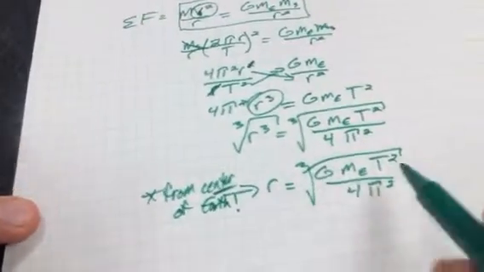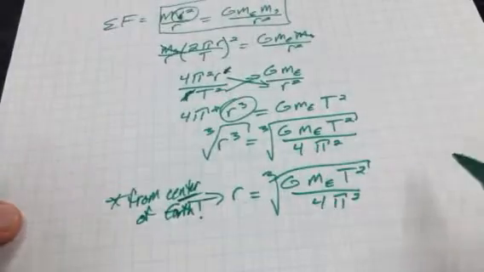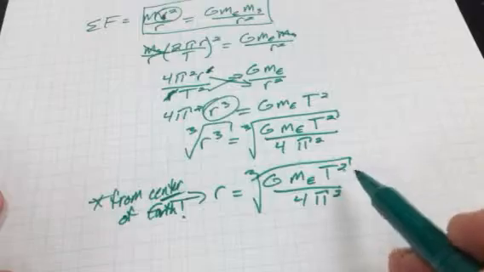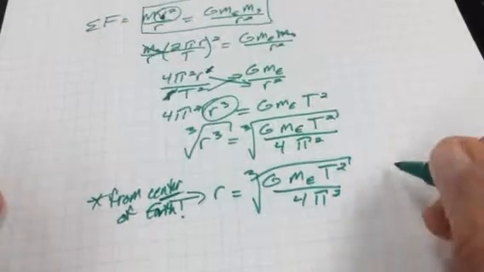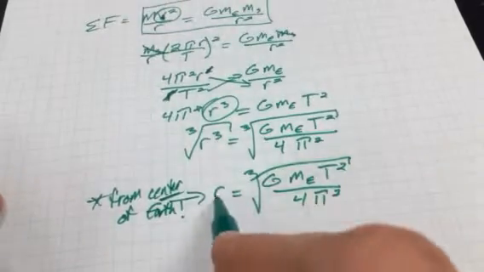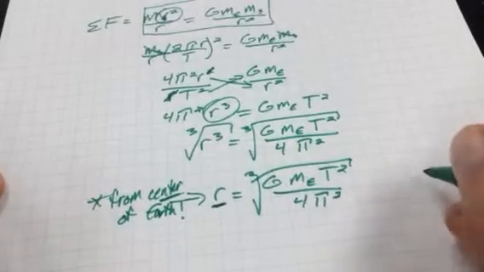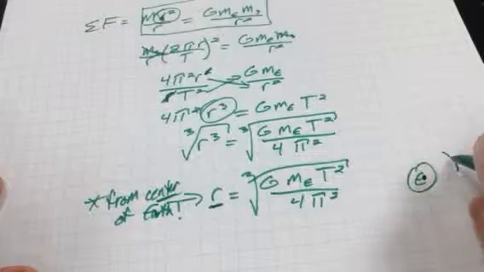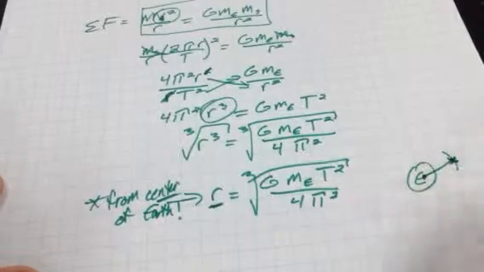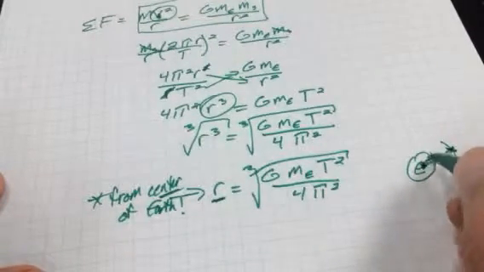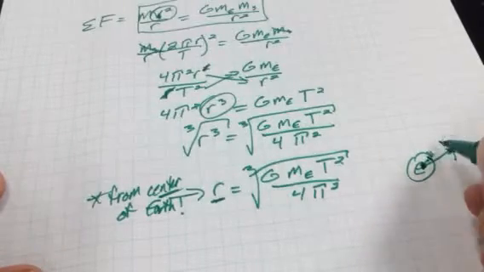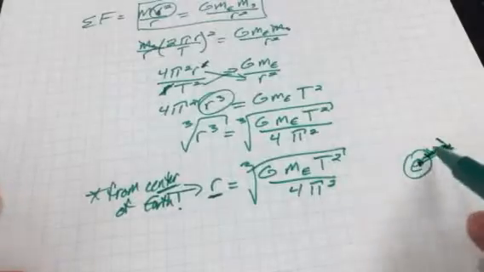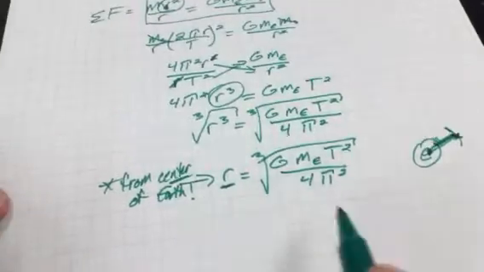So in this case, both on the Mastering Physics question and the example that was given in the book, it actually asked you what altitude above the Earth's surface. No problem. If I want to know the altitude above the surface, I would just take whatever this answer is. That would be the total distance from the center of the Earth out to that satellite, and then I would subtract the radius of the Earth, and that would give me the altitude that that satellite needs to be above the surface of the Earth.